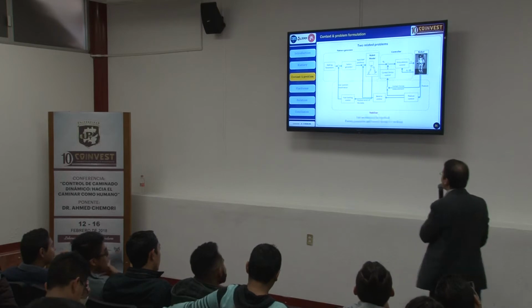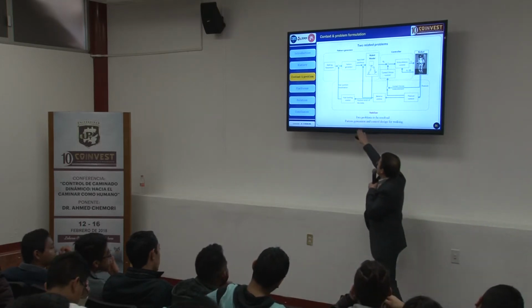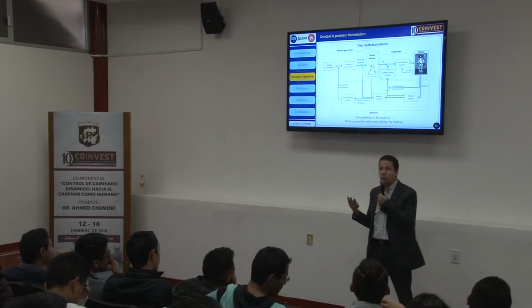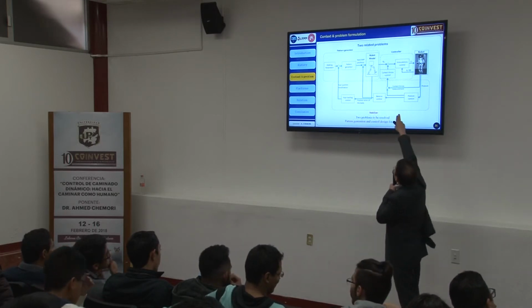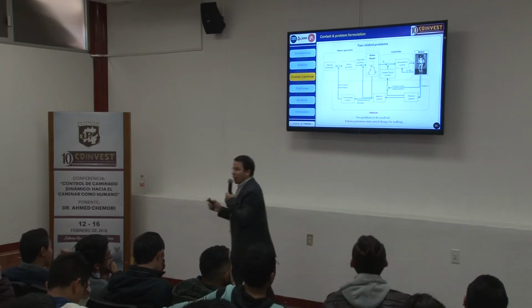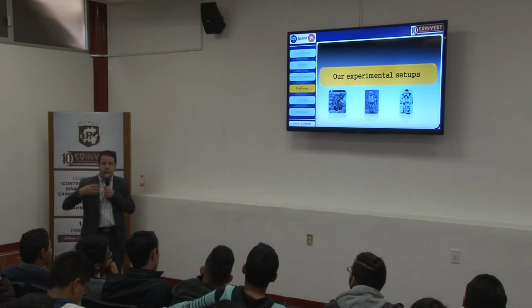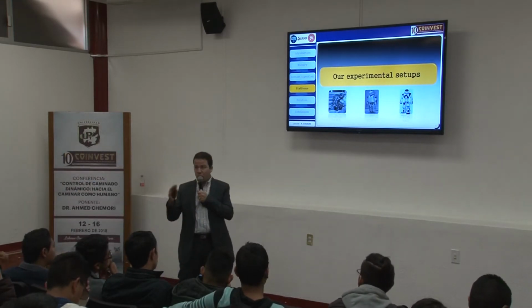So to answer the question, we need two things. We need to design a pattern generator, and we need to design a controller. The controller includes the tracking controller and also the stabilizer. Nice. Now I have answered the question of how we can reproduce human walking on a humanoid robot.